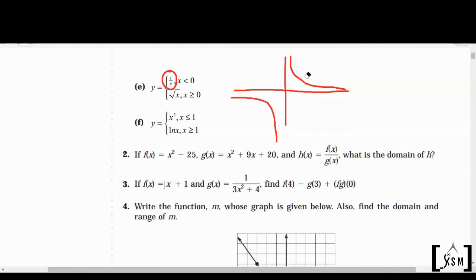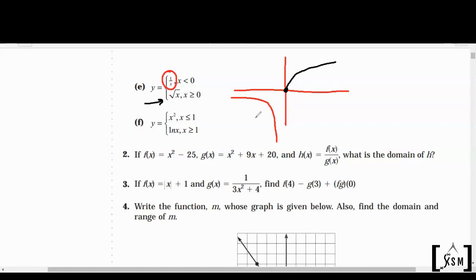So the values greater than 0 are not defined under this, so we'll not draw them. Good. So for the first function, this is the graph only. And then the second part of the function is a square root graph, which looks like this, right?